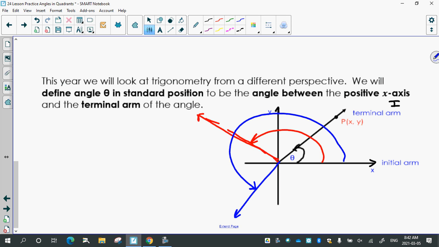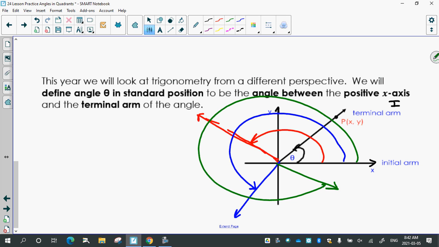Okay? And you could even have your terminal arm being in the fourth quadrant, which then gives you an angle between 270 and 360. Okay? So instead of just having angles between 0 and 180 with triangles, we can have angles all the way between 0 and 360.